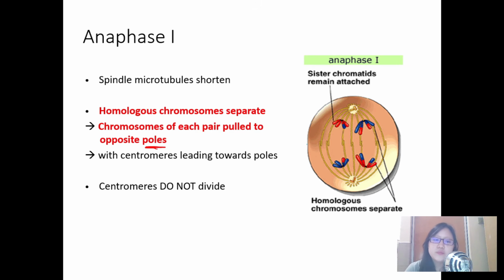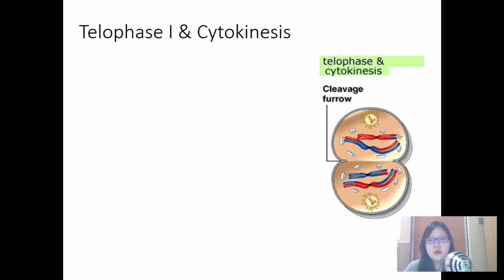And of course, the centromeres are the ones connected to the spindle microfibers, so they are leading towards the poles. You can see here that they are closest to the poles. And in the end, we have telophase I and cytokinesis.